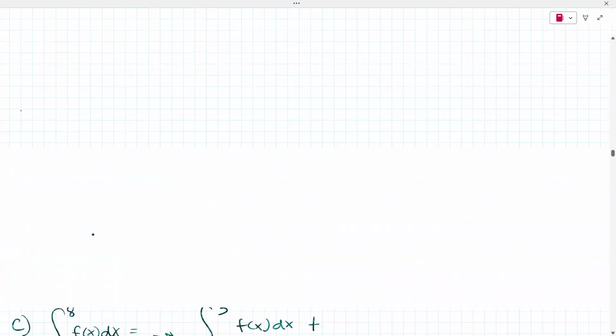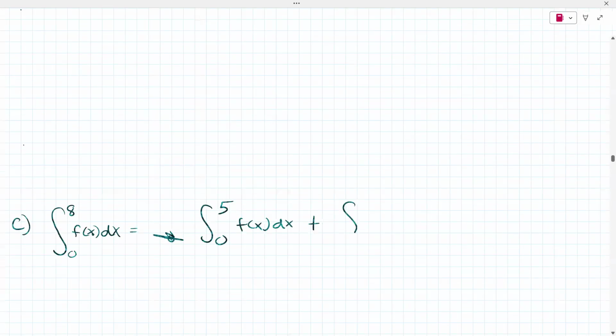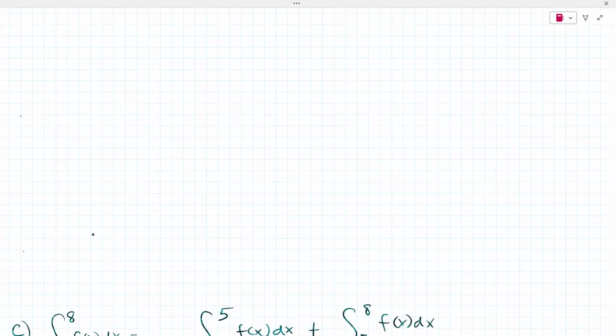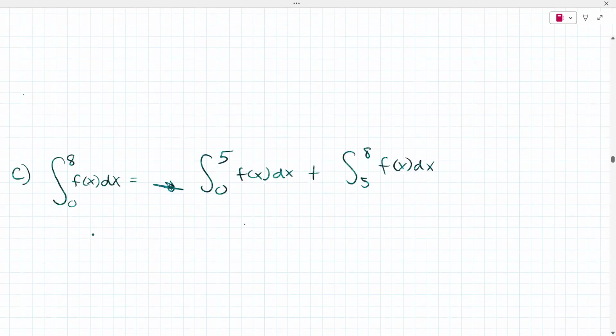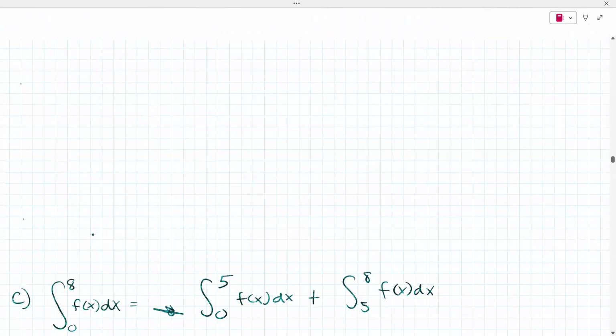Yes, that would work. We know the integration from 0 to 5 is the previous answer, which is 7. We could just say 7. And then what is the integration from 5 to 8?